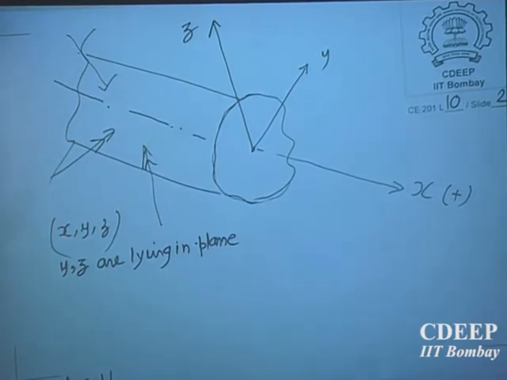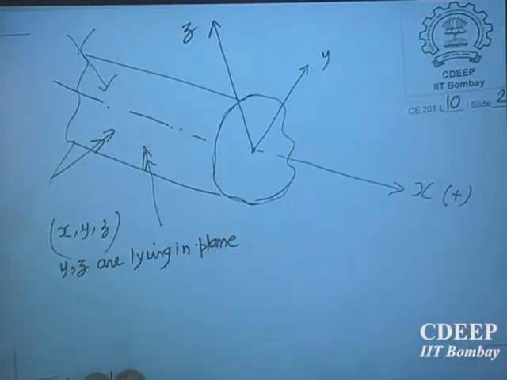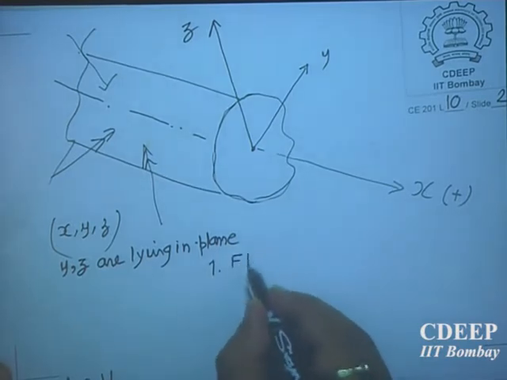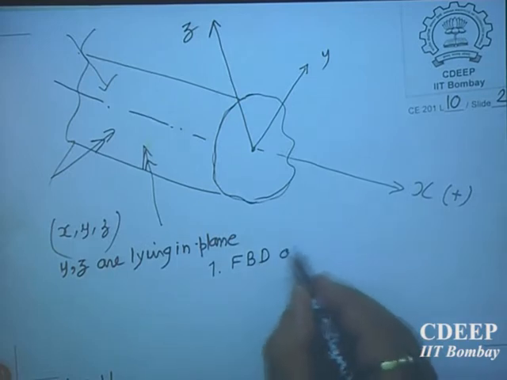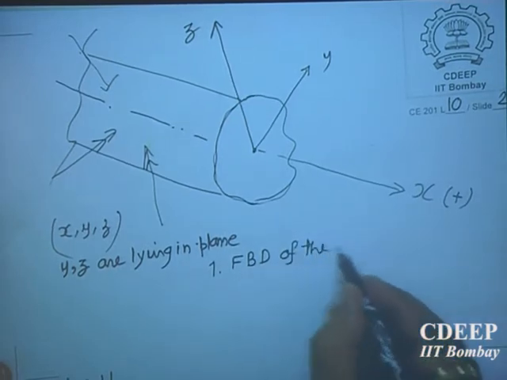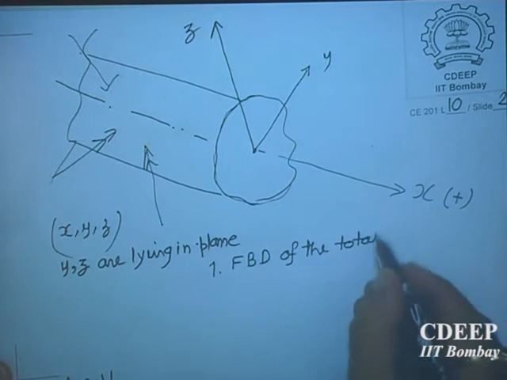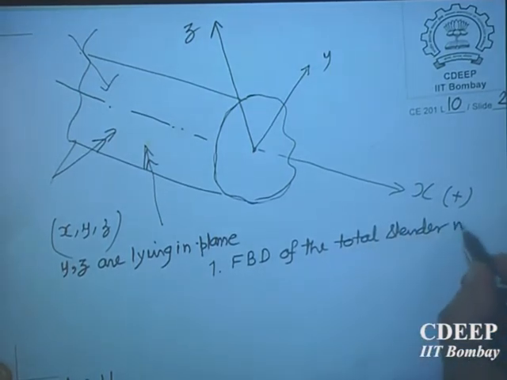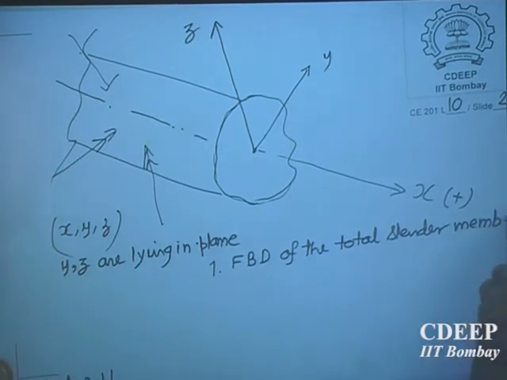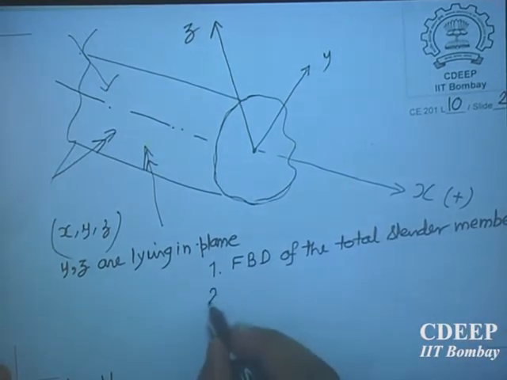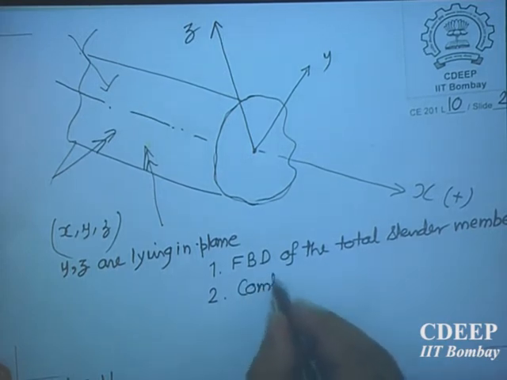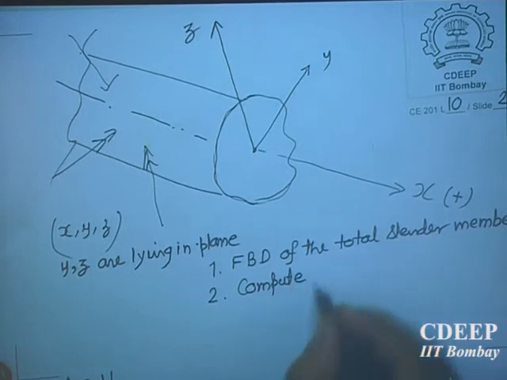For any general body which is a slender member, first you draw the free body diagram and find out the reactions. So the first step is always the FBD of the total slender member, then compute the reactions.